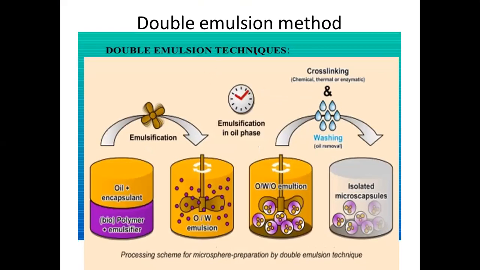In the multiple or double emulsion technique, we are forming multiple emulsions. First, a single emulsion, we are forming O/W emulsions. Now we are providing washing to remove the excess amount of oil. So first the O/W emulsion will be formed, and later on once we add the oil, emulsification in the oil phase will form the O/W/O emulsions.